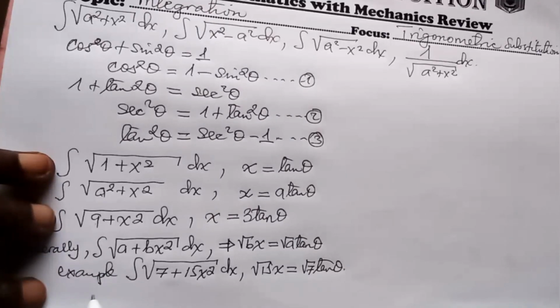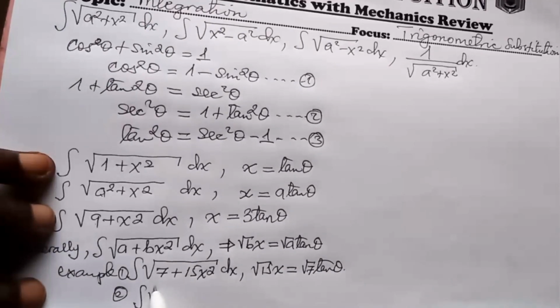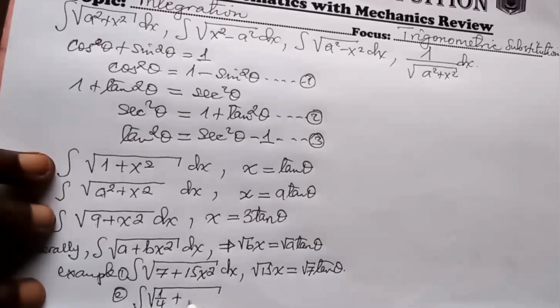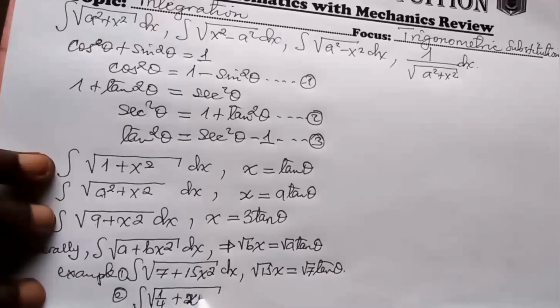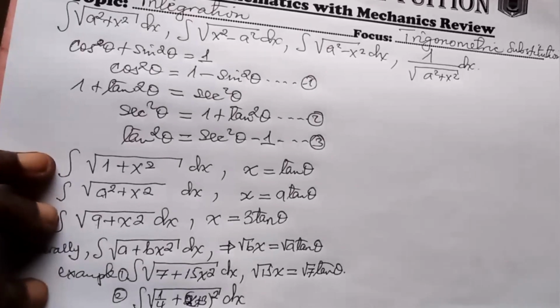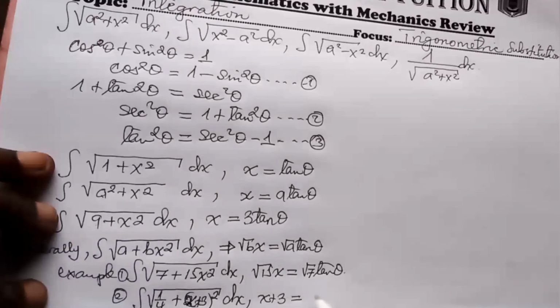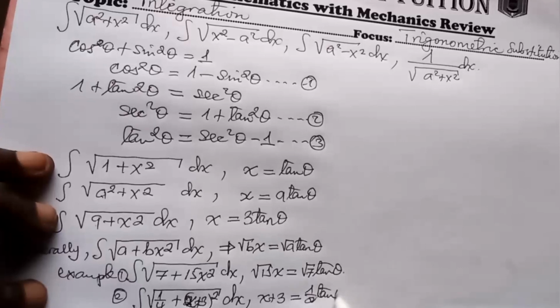Even when you complete the square, if I complete the square and at some point I have 1/4 plus, let's say, x plus 3 all squared dx, to do the integral, my substitution would again be the square root of the term in the variable x, which will simply give me x plus 3 should be equal to, again I take the square root of the constant term, which is half, then tan theta.